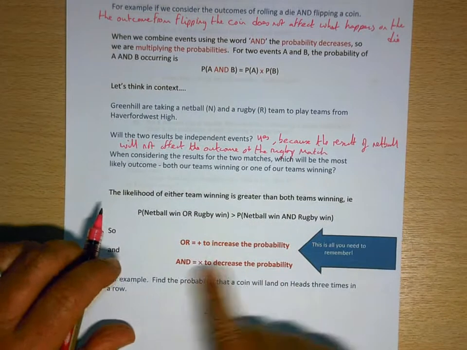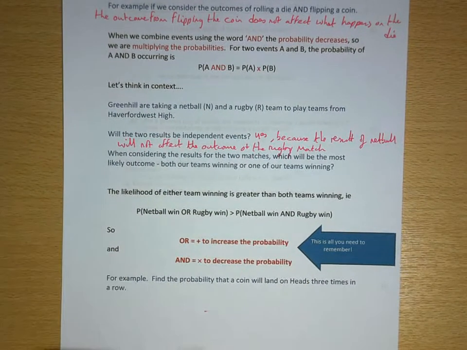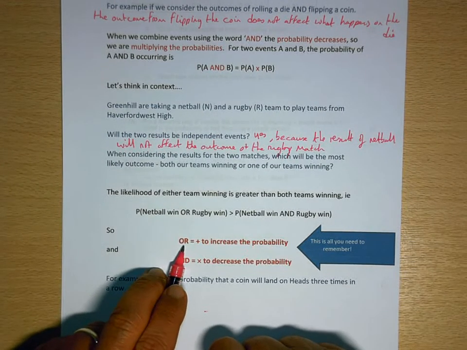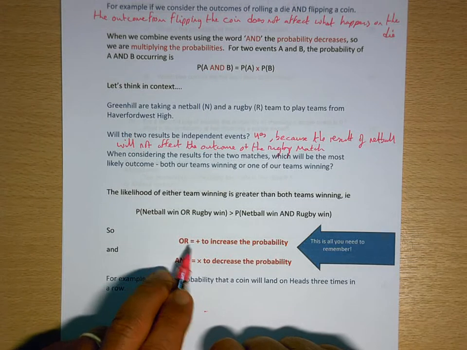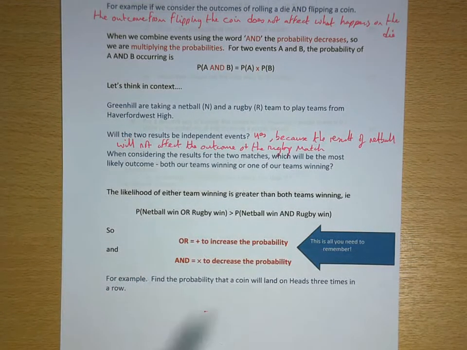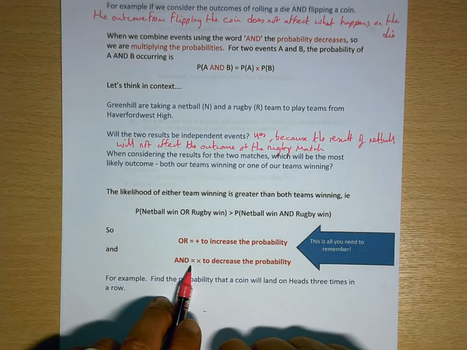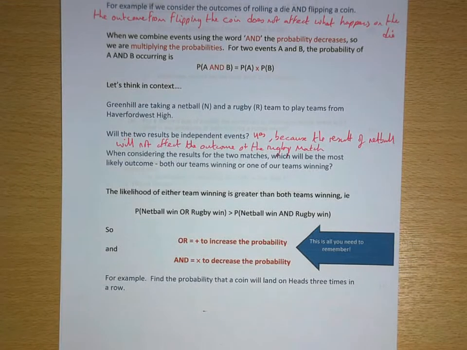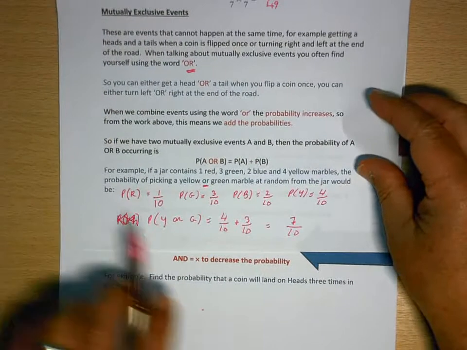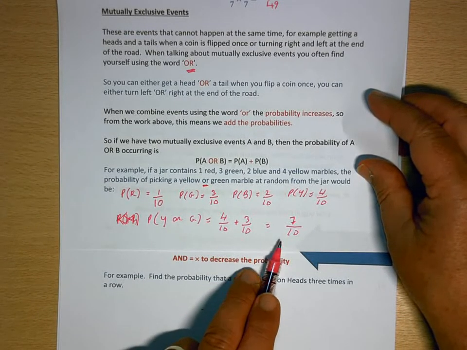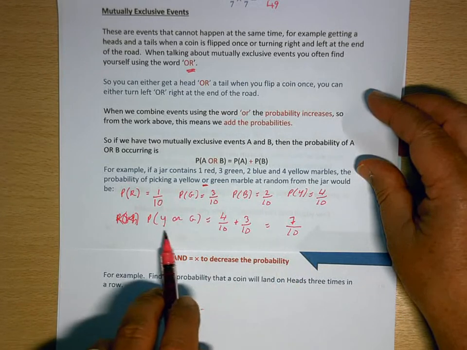And this is the only bit you need to remember really, is that if you find you're using the word or, then we add to increase the probability. If we find ourselves using the word and, we multiply because we're going to end up with a smaller probability. In that example, we were oring. The chances of you getting yellow or green would be greater than you getting yellow and green.